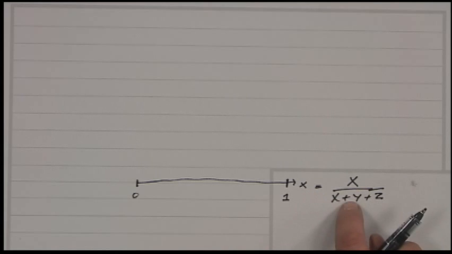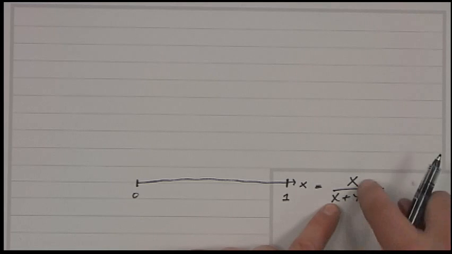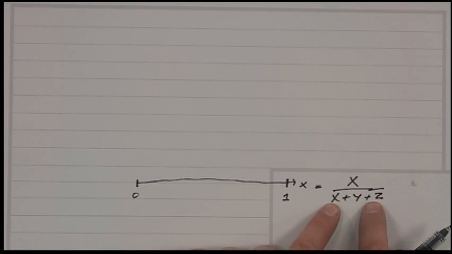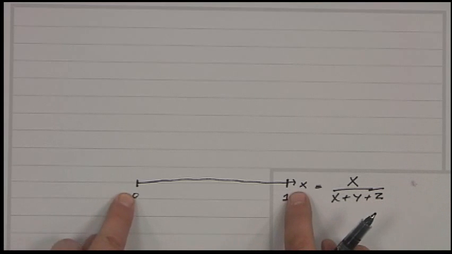And it can't be more than 1, because how could it exceed 1? Y here can't be less than 0. So that means that the numerator must be less than or equal to the denominator, right? So it has to fall in the interval 0 to 1, right?